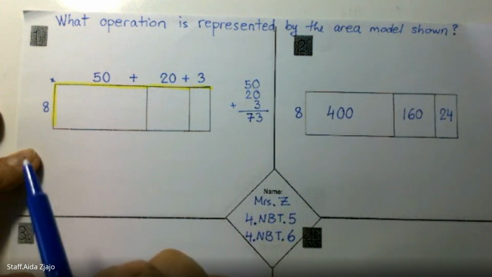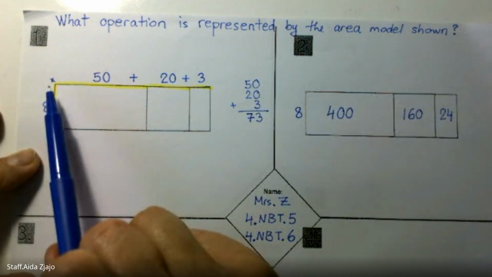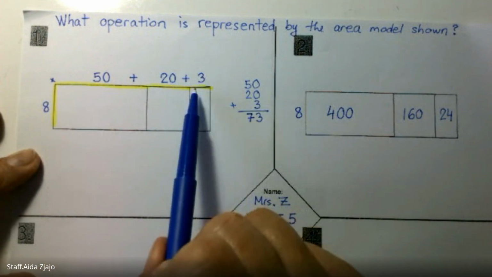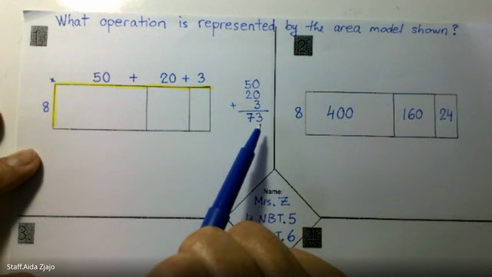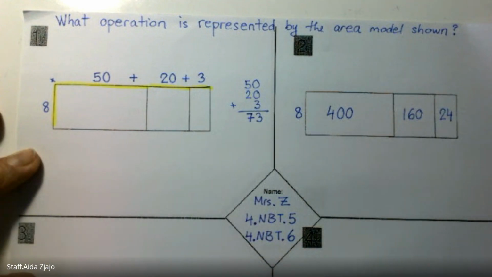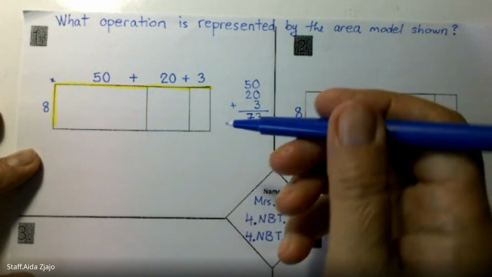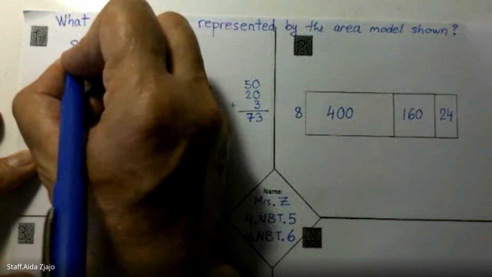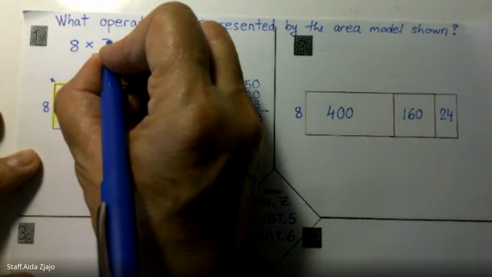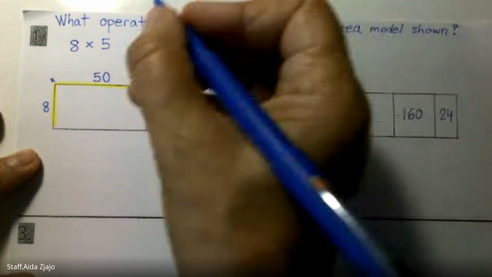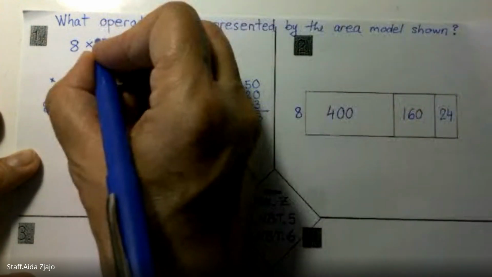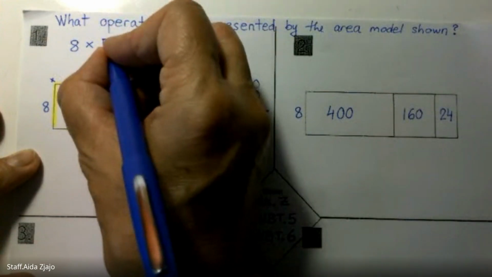Right now you know that this will be 8 times 73, but the 73 is decomposed into 50 and 20 and 3. So our problem is 8 times 73, sorry, 73.